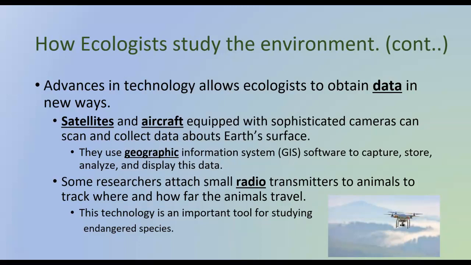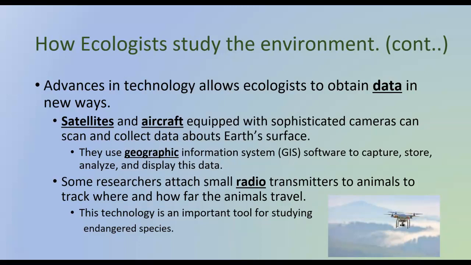Satellites and aircraft, especially drones lately, are equipped with sophisticated cameras that help them scan and collect data about the Earth's surface and maybe even some organisms that are living on it. They also use geographic information, or GIS, systems and software to capture, store, and analyze data.